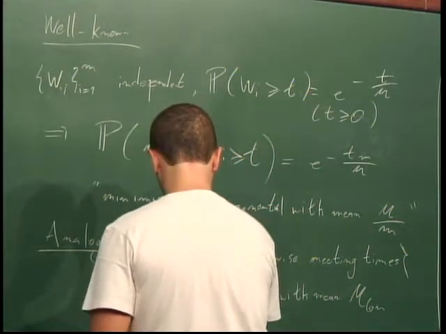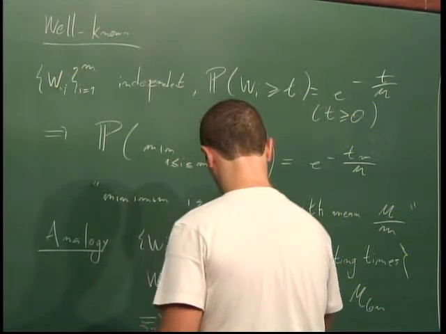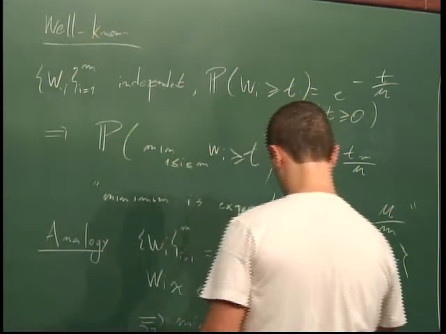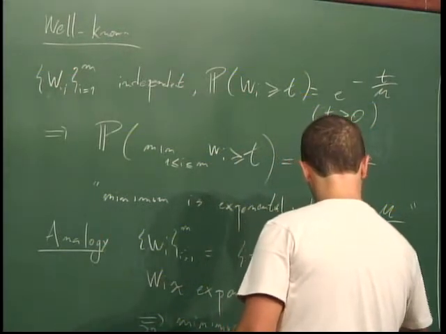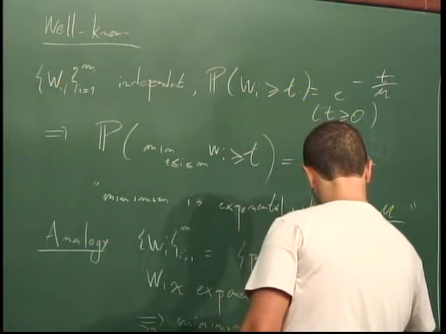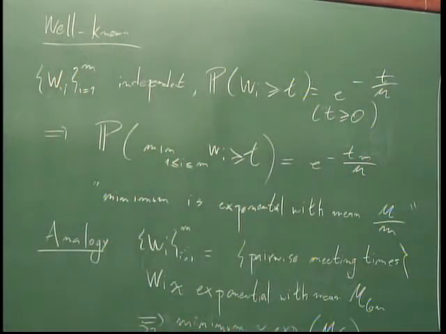And we'd like to conclude that the minimum is exponential with mean mu sub gn over k choose 2. But as I said, we don't really have independence, so it's not that easy.